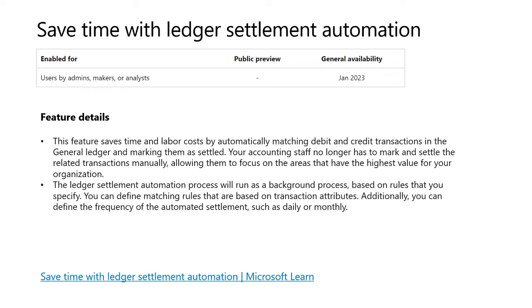It's basically implemented through a background process, and you can set up rules that specify what you want to actually do. So that is coming in the January timeframe, and should be a nice time-saving feature to look at implementing.